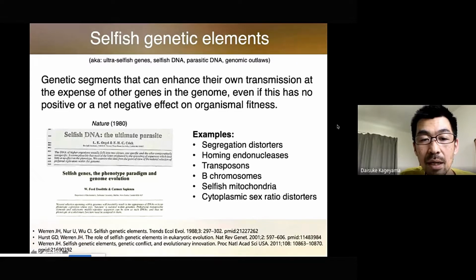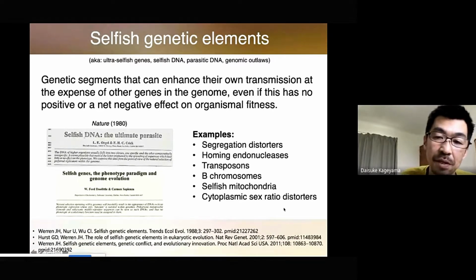After that, the examples increased, and you can see a lot of such examples. At the bottom, you can see cytoplasmic sex ratio distortions, which include a variety of microorganisms that have been found in many different species of insects. And many excellent review papers have been published to date.